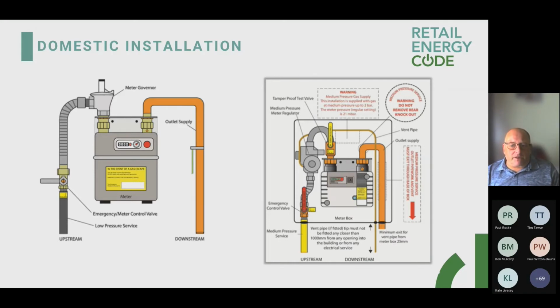With these there are 5 and 10 yearly inspections that MAMs, meter asset managers, are responsible for, and they have to go out and look at these. The 5 years is a visual inspection, just to make sure everything looks okay, with a quick test. The 10-year is a slam shut test, check, strip down, and make sure that the burner pressures and everything else are right.